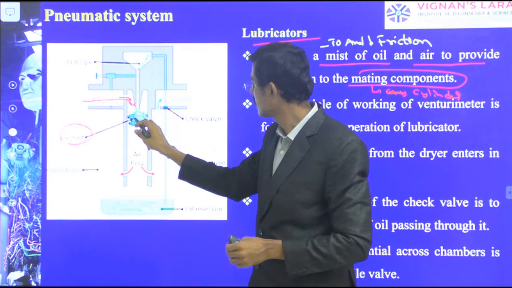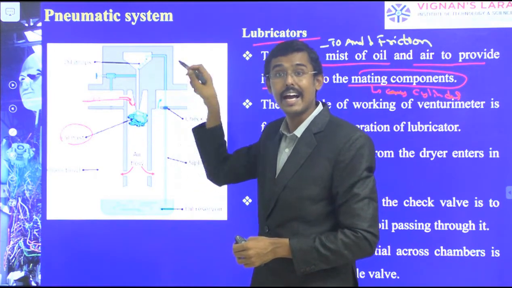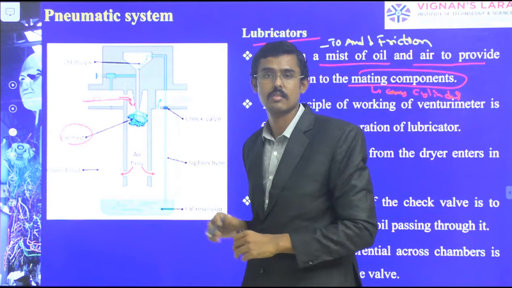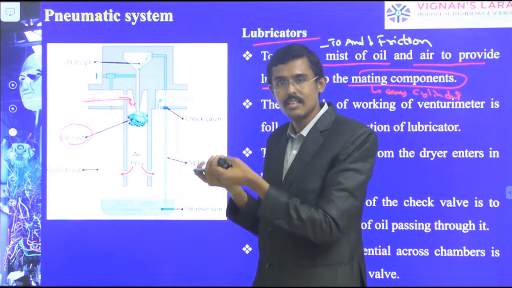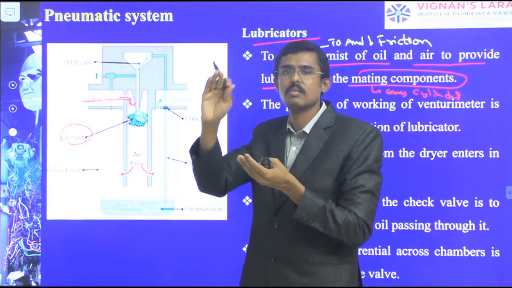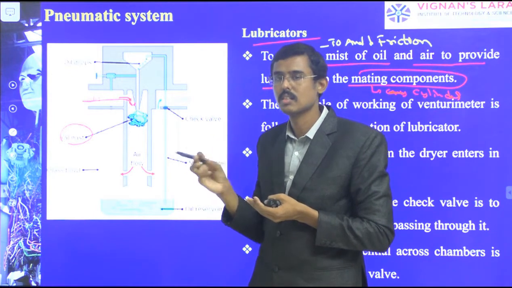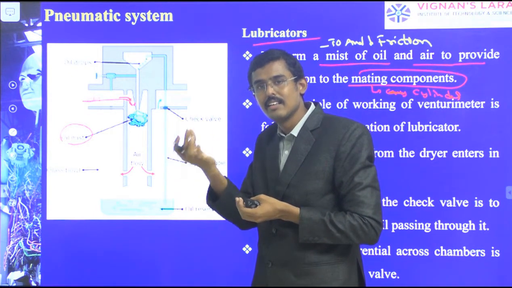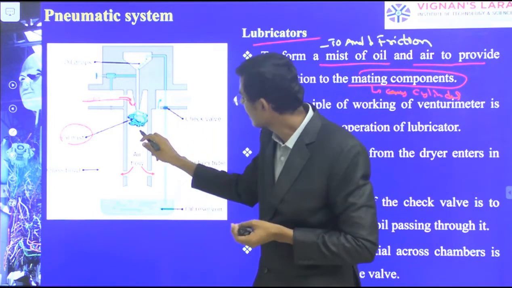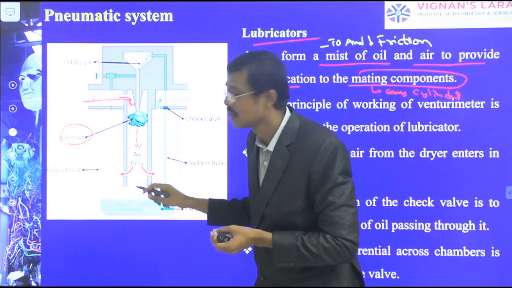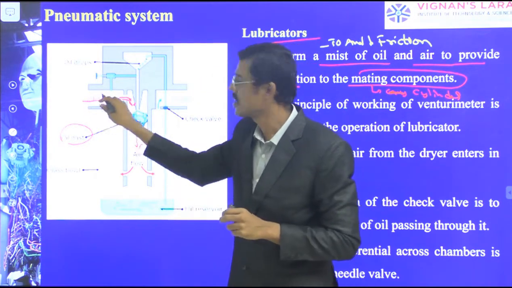It has to cross over the oil mist. Then the air will receive fine mist particles, so the air will contain the fine oil mist. So what happens? It comes out here with the oil now. Here it is dry air.